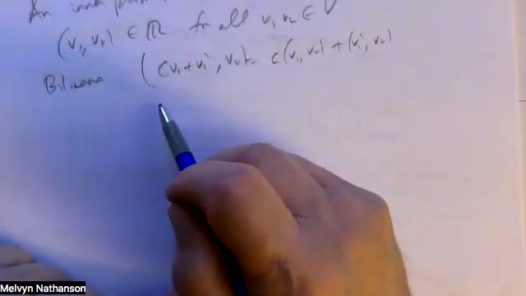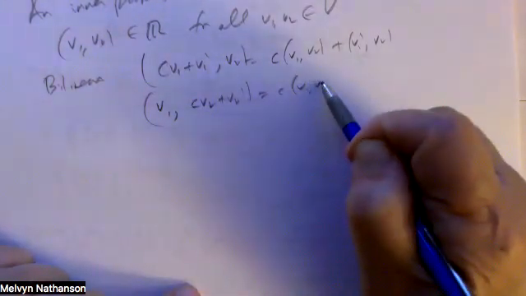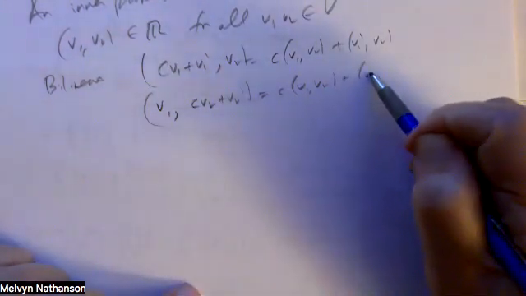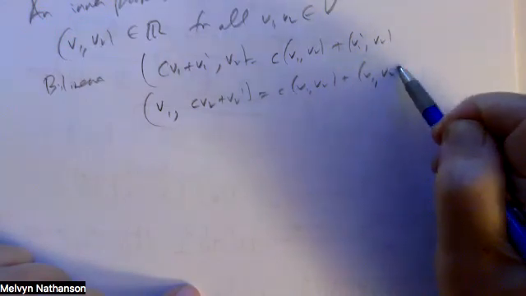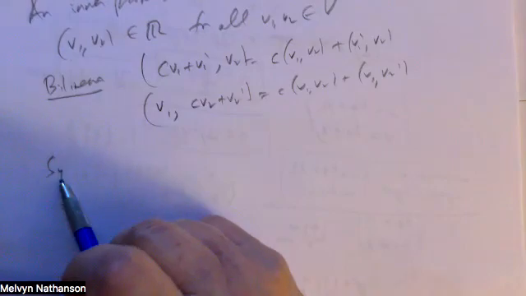And similarly, if you fix the first coordinate and you look at the second, (cV2 plus V2 prime) will be c times (V1, V2) plus (V1, V2 prime). That's what bilinear means.